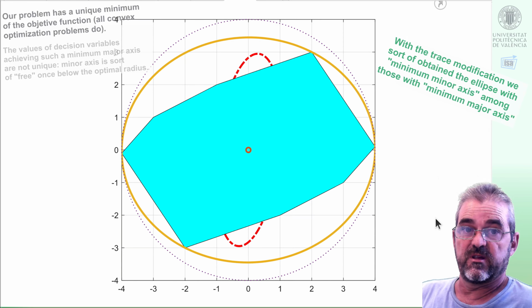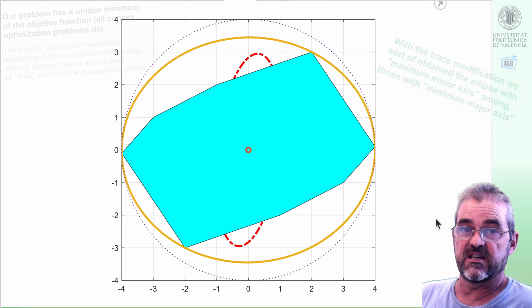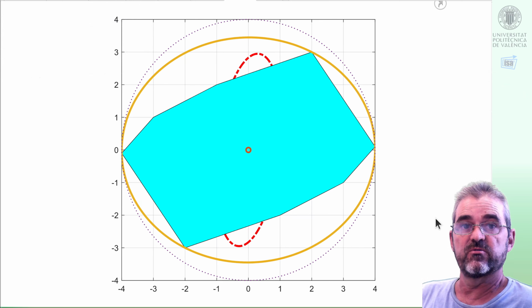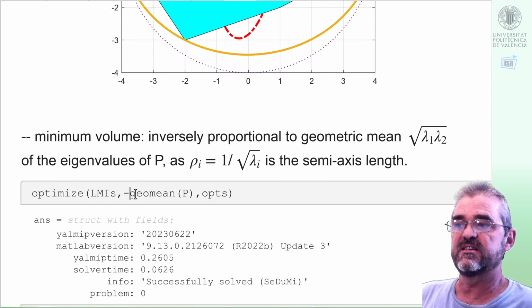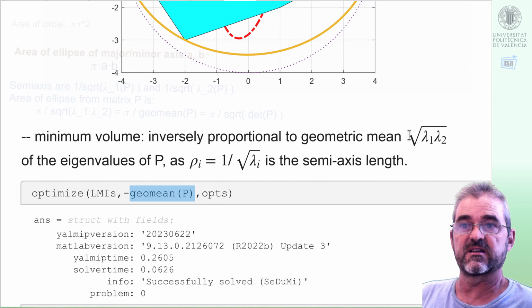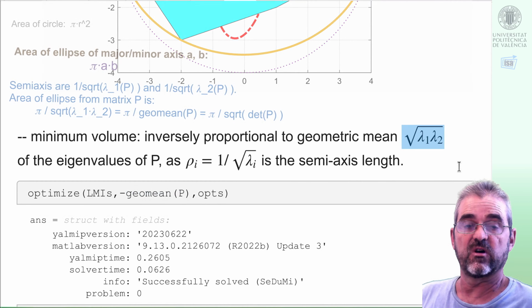But if we wish, we can change our criterion to the smallest area of the ellipse. Indeed, the area of a circle is pi r squared. The area of an ellipse is pi times the product of the half axis. And Yalmip has the geomean operator, which is in this case the square root of the eigenvalues.